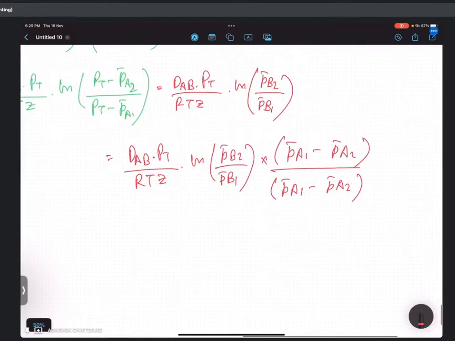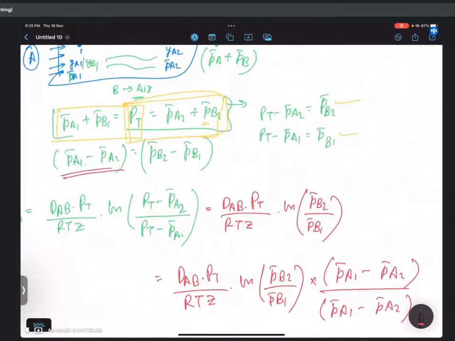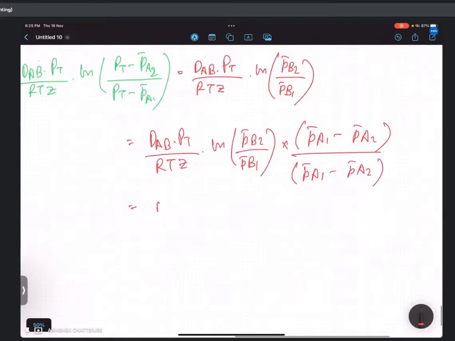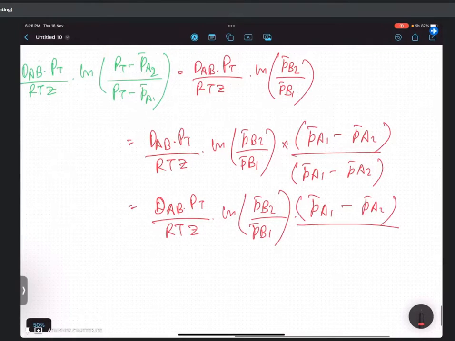And from here, we have also seen that PA1 bar minus PA2 bar is PB2 bar minus PB1 bar, so we can put it here. So this will now become DAB into PT by RTZ into ln PB2 bar by PB1 bar into PA1 bar minus PA2 bar, divided by PB2 bar minus PB1 bar.